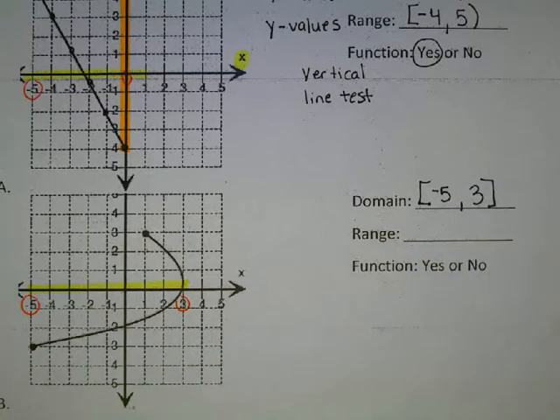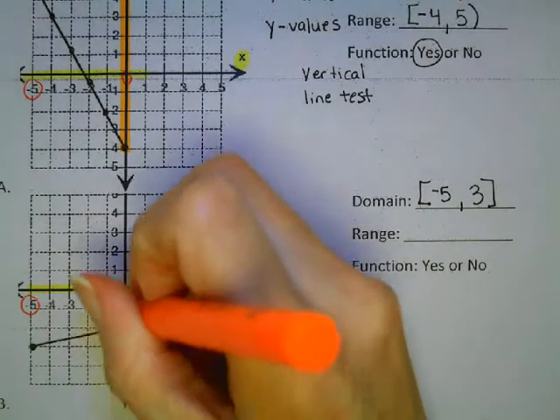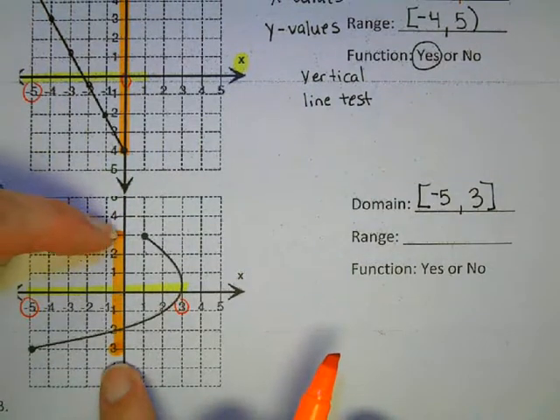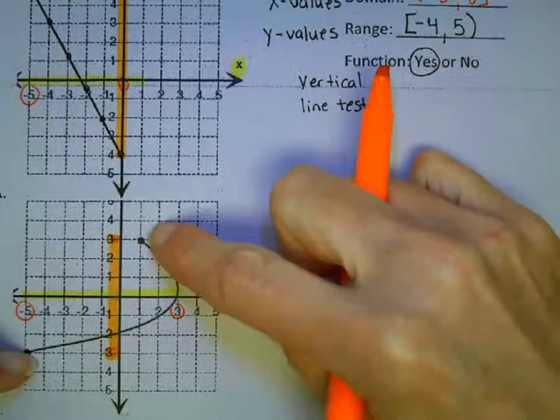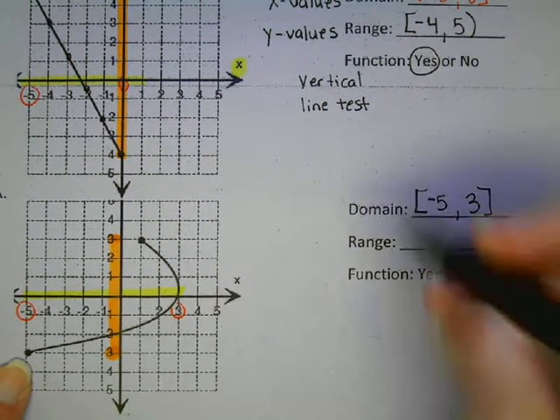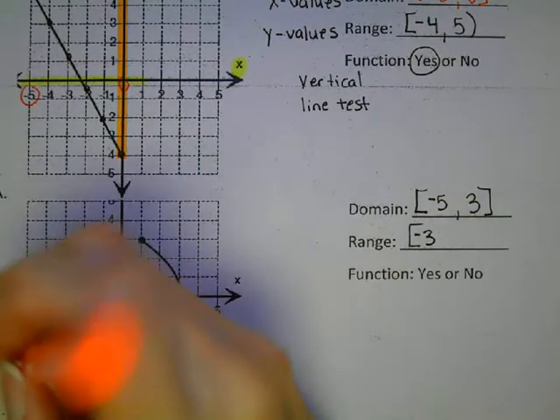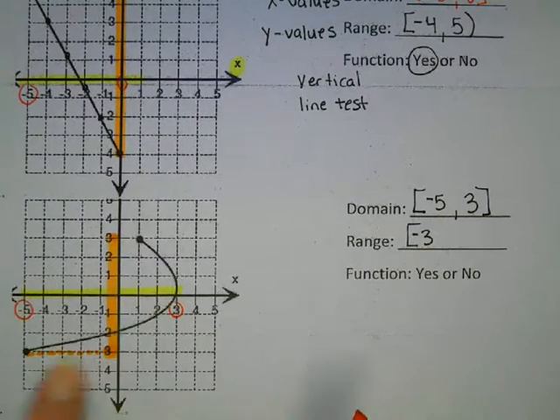Then you want to do your y values, your range values. So range, it looks like if I go over here, the lowest it goes is here, and the highest it goes is there. The whole graph is between those 2 points. If I colored in this part of the graph, they're between those two numbers. So at -3, it's going to be a solid dot, meaning if I drew this over, dot, dot, dot, at -3 here, that's a solid dot.